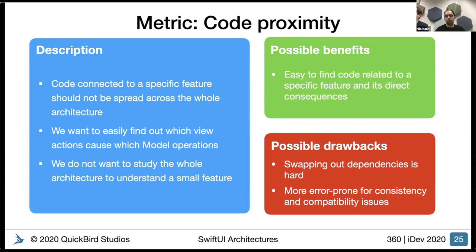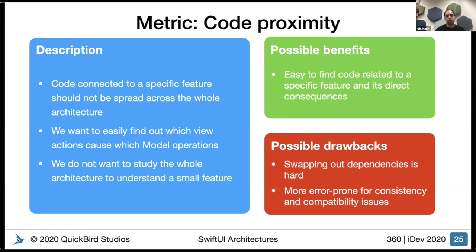So we want code that is related to a specific feature, or for example, to that view component quite close. And if we over-modularize, then we can easily get the problem of not finding the code that is actually causing the problem, since we need, in our head, to open like 20 different files to find the path where the code is going and where the problem then actually exists.